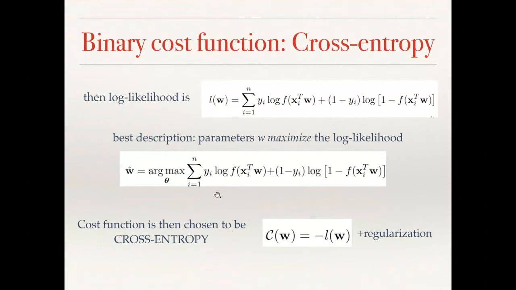When we try to maximize the log likelihood, we are trying to minimize this cost function, which in this case is called the cross entropy. So for binary classification, the cost function is going to be called the cross entropy. Its expression is given here with a minus sign.